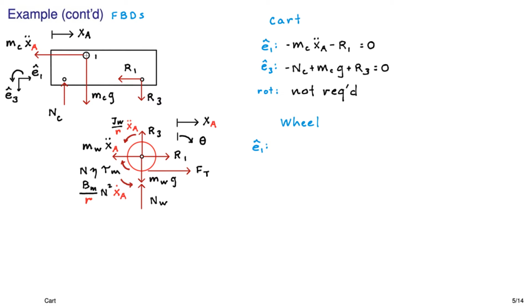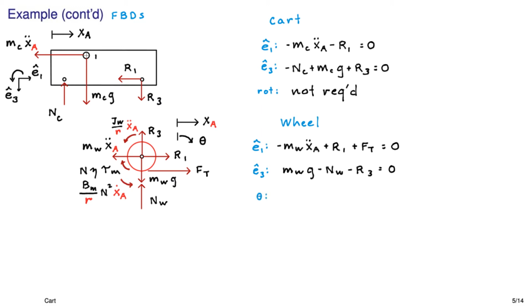And then we just move on to the wheel. So in the X, or I should say in the 1 direction, we have, if you stare at that free body diagram with all the stuff on it, an R1, an FT, and the inertial force in the A direction. And in the vertical direction, we have all sorts of things, an R3, a normal force, a weight, and I guess that's about it.